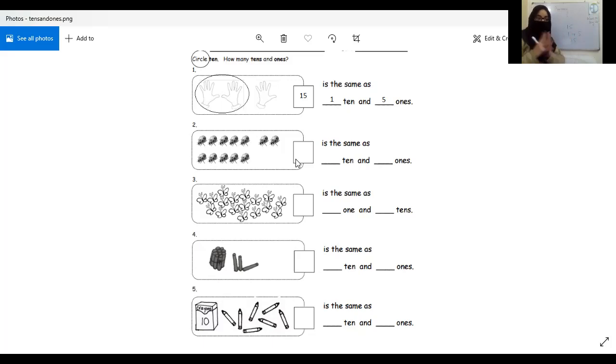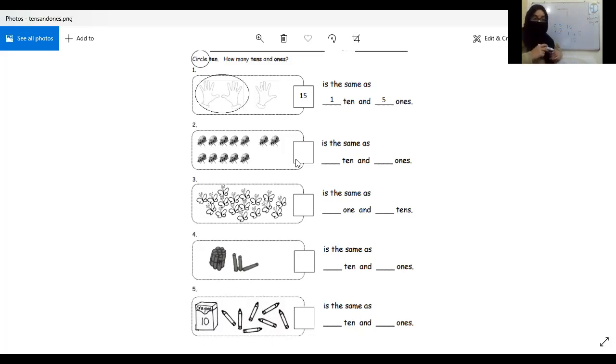So now look at the cute little ladybirds which are there. Now first count how many tens are there. Count them. Yes, who is going to tell me the answer? Yes, Elise. How many tens are there? Only one, right? So first we will write it like this. How many tens are there? One. Now how many ones, how many remaining ladybirds are there? Two, right?